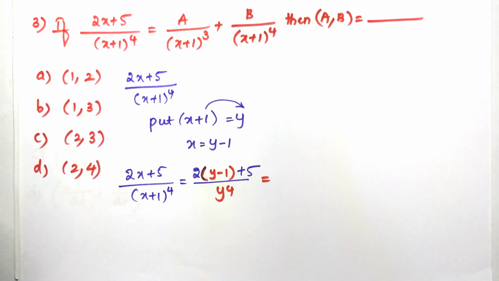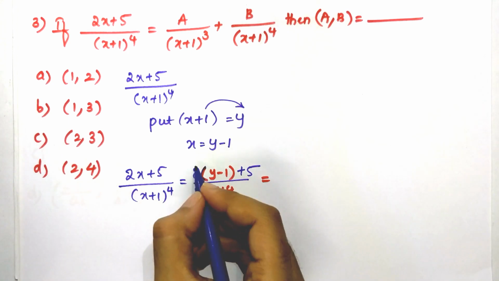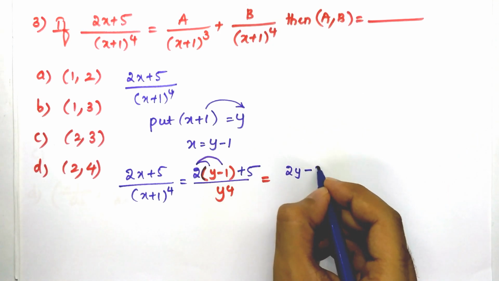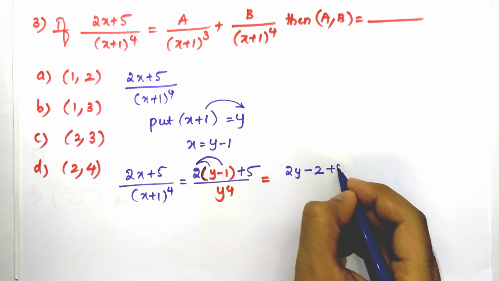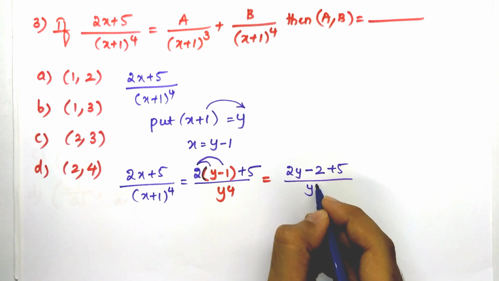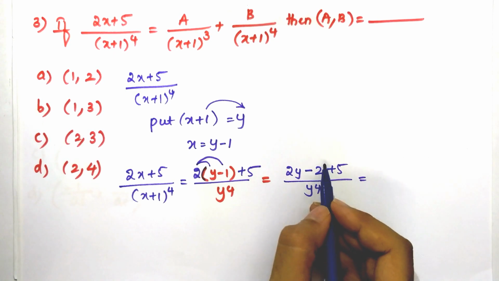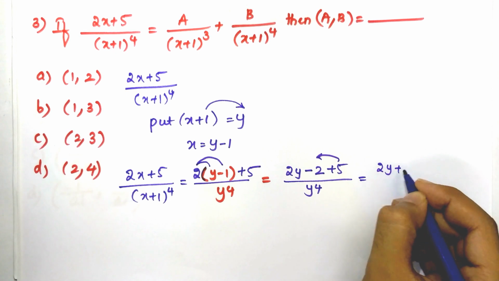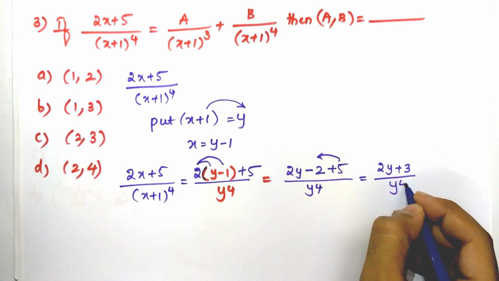Now let us open this. 2 into y is 2y, minus 2 into 1 is minus 2, plus 5 as it is, by y to the power of 4. 5 minus 2 is 3, so 2y plus 3 by y to the power of 4.